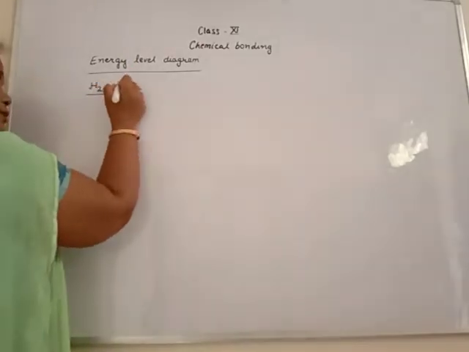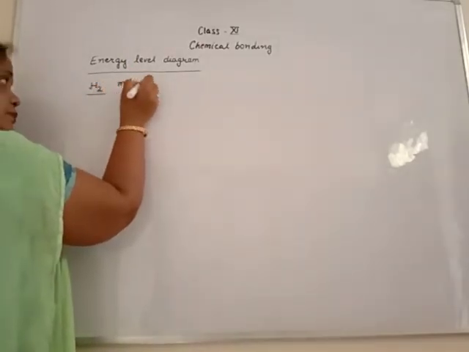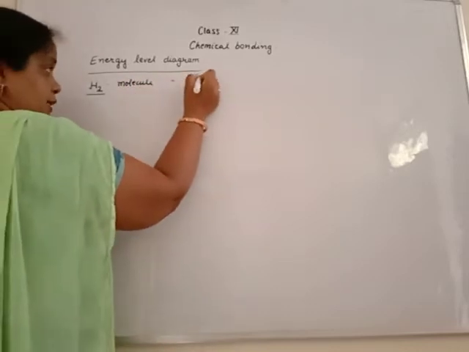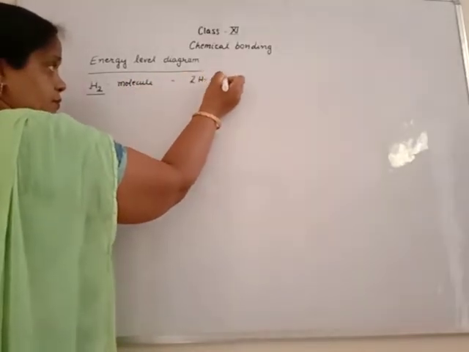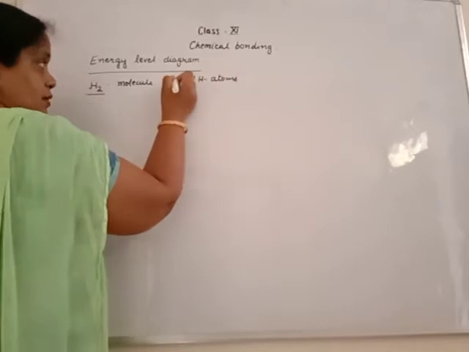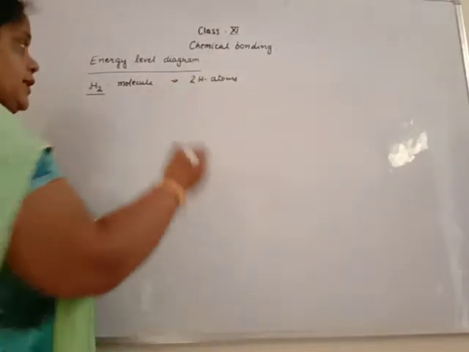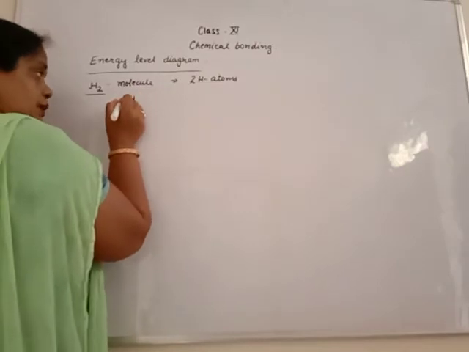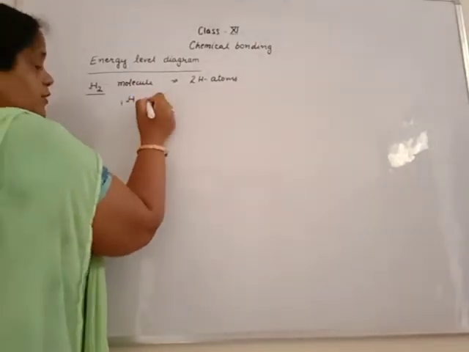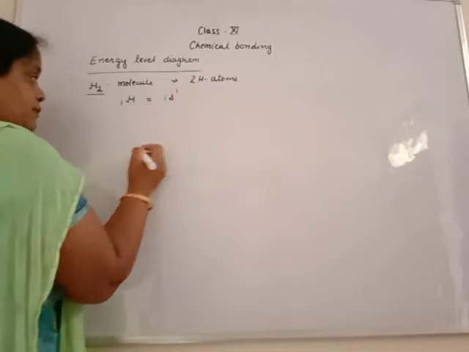Beta, this molecule is made up of two hydrogen atoms. Each hydrogen atom has atomic number 1, electronic configuration 1s1.